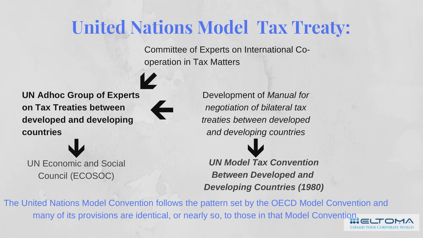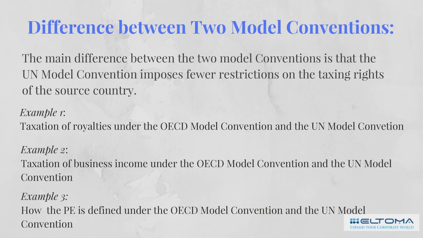Therefore, it makes no sense to review the United Nations Convention as an entirely separate one, but rather as making an important but limited modification to the OECD Model Convention. So what is the major difference between the two model conventions, the OECD Model Tax Convention and the United Nations Model Convention?